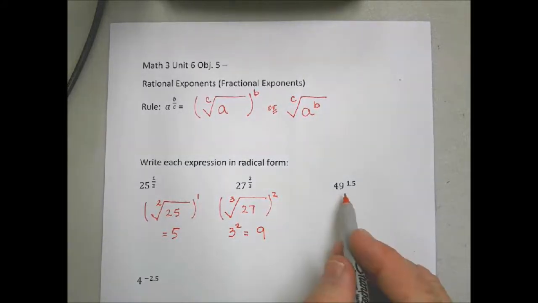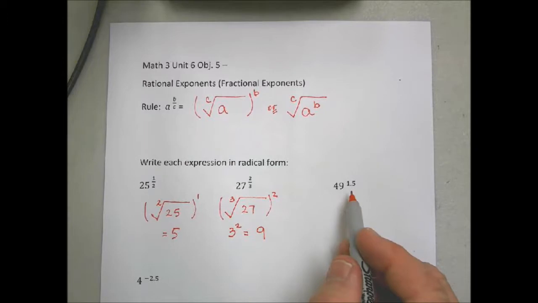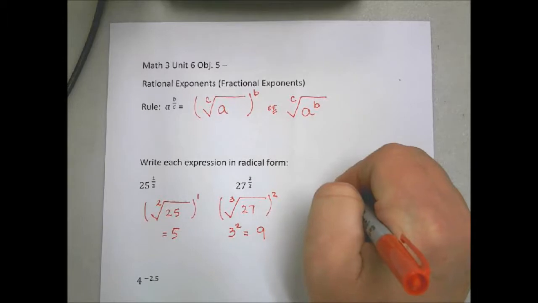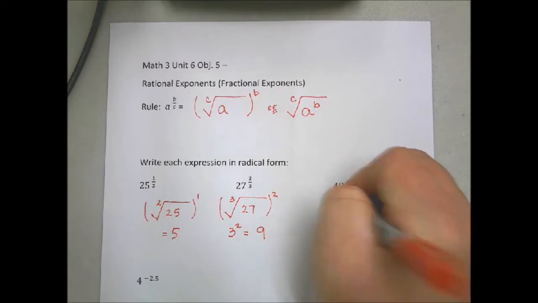Now this one, 49 raised to the 1.5 power. We're going to want to put this into fractional form. So 1.5 is 3/2. So this would be 49 to the 3/2 power.